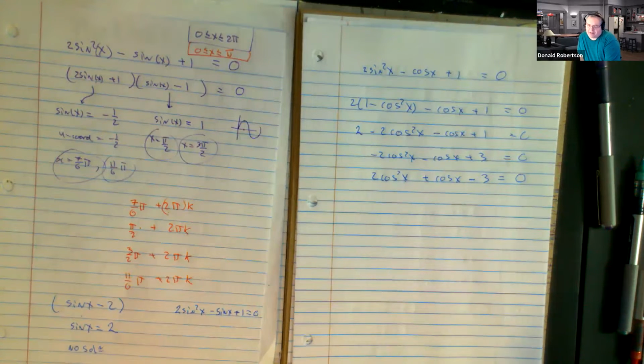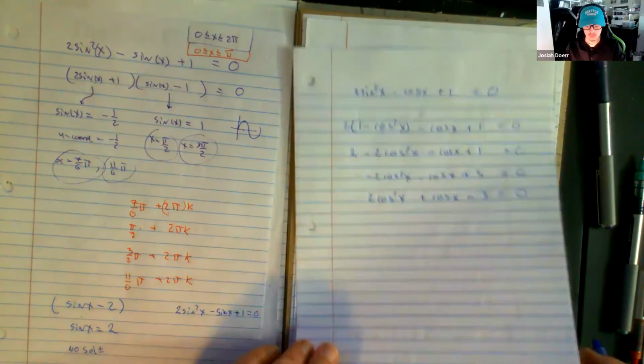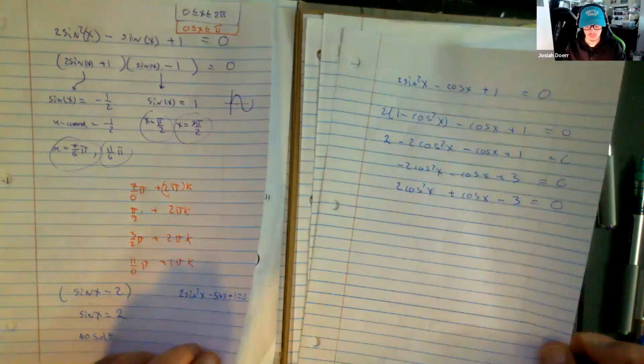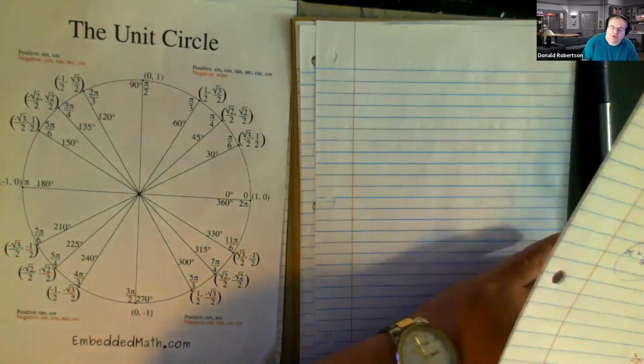Now, in that case, you've got something you could factor, and then you go ahead and solve it the same way as we did this one. So that's a little taster of one of the many different kinds of trig equations.